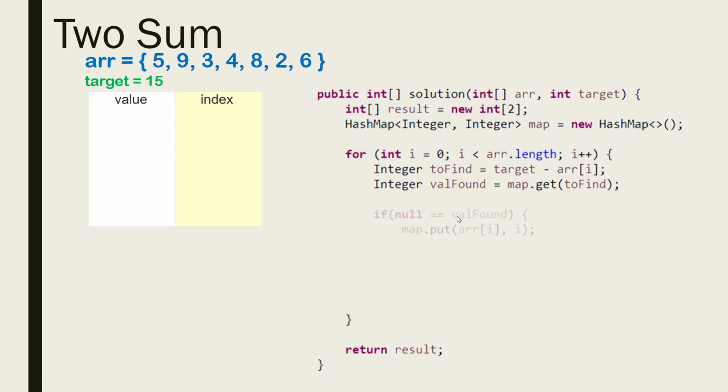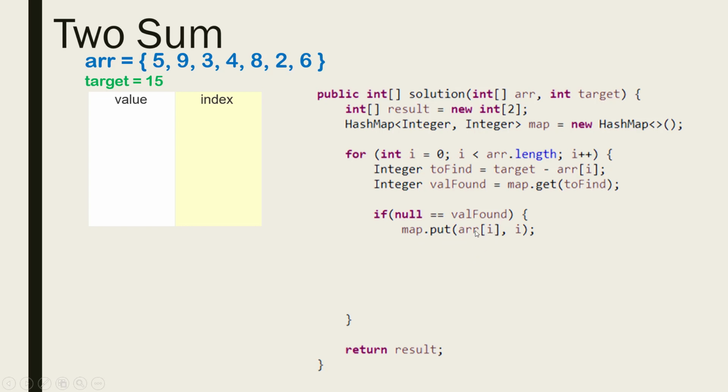So let's see how it works. Later on, it will be clear as we go through the code line by line. If we didn't find the partner in this table, what we mentioned earlier is to add that to this lookup table. So we're going to have map.put.